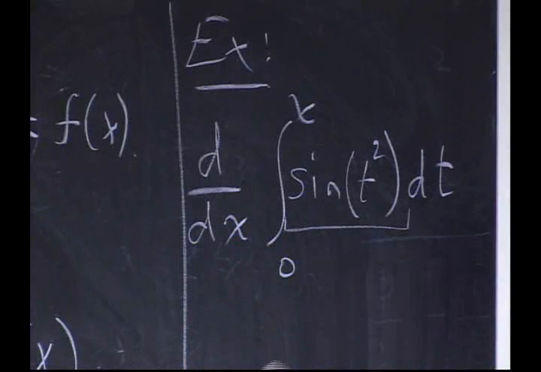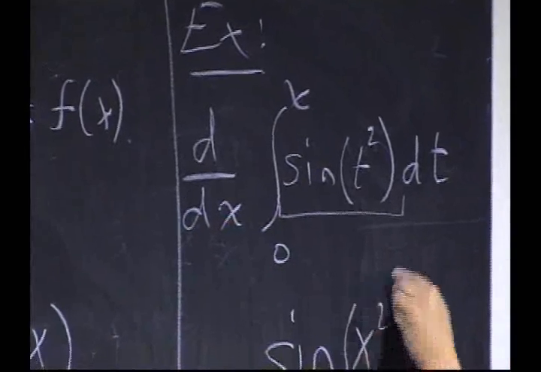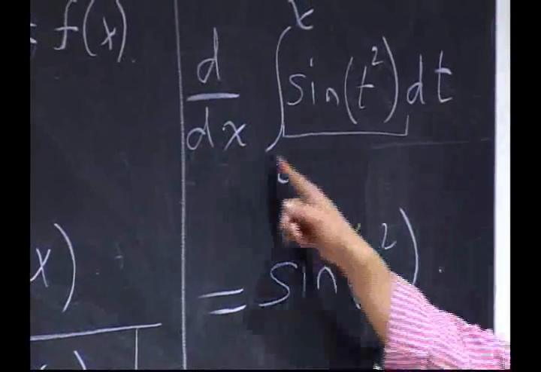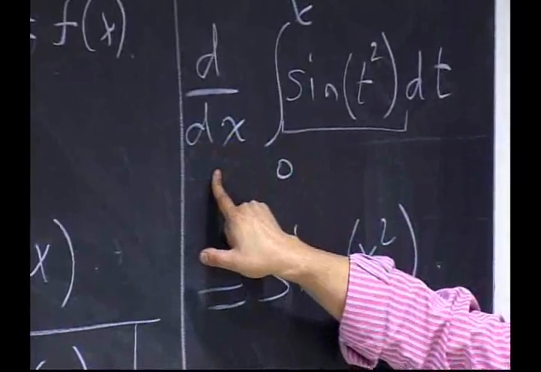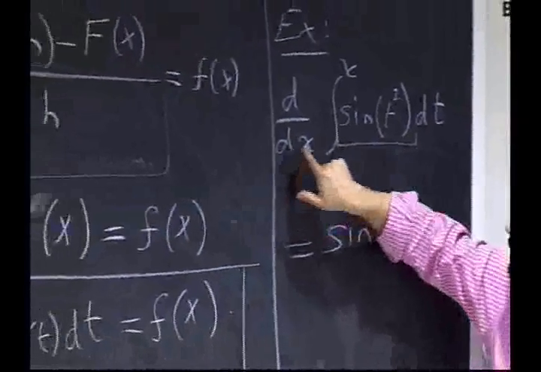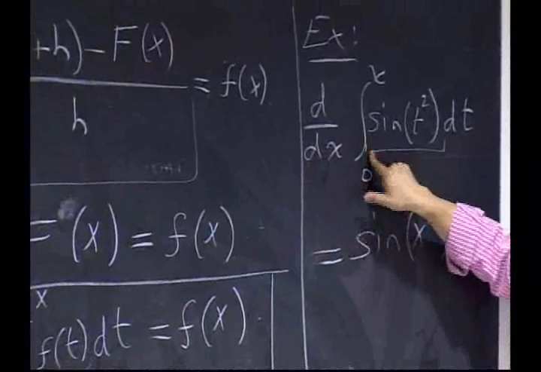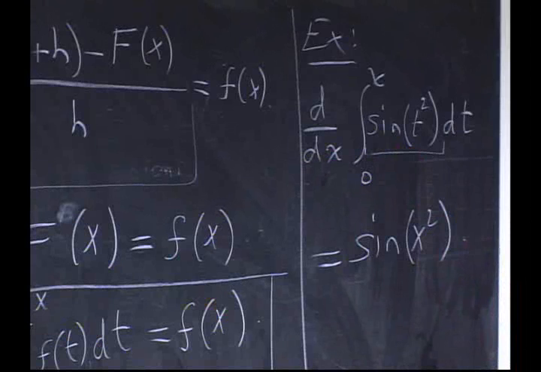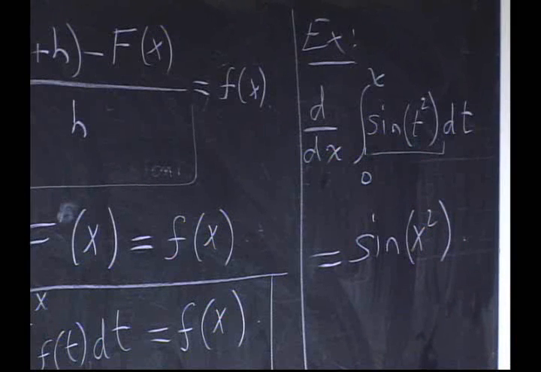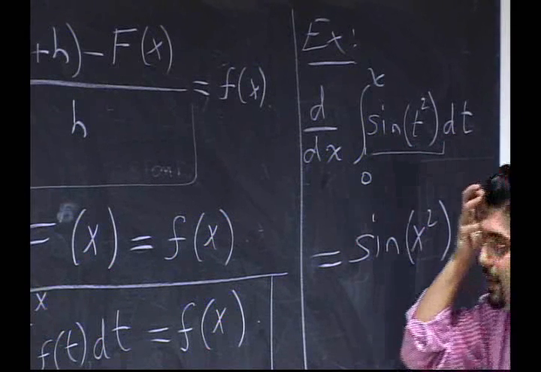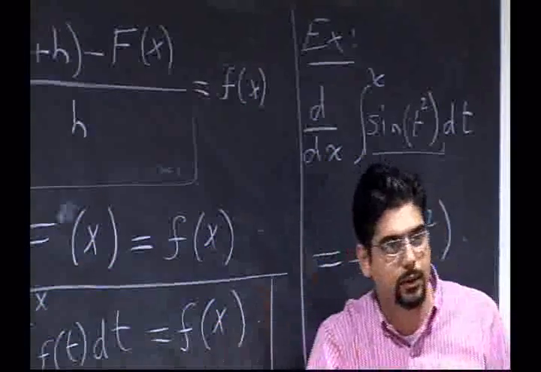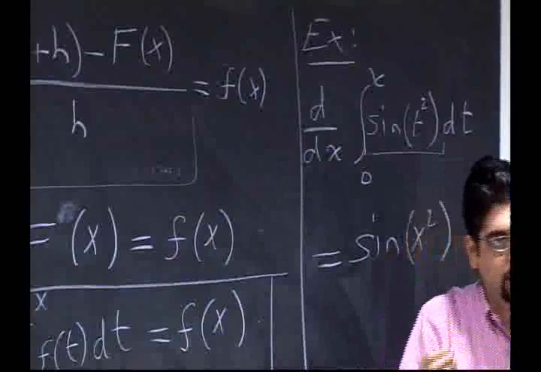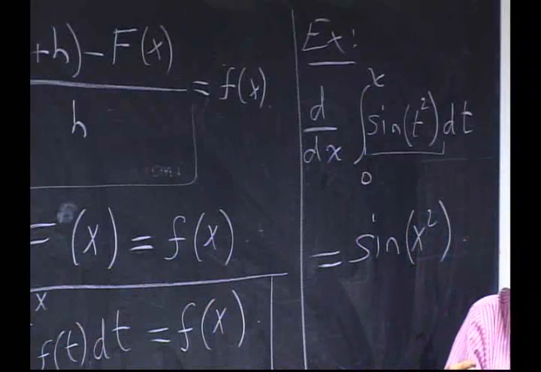So that's equal to sine of x squared. Period. I don't have to find the integral and then take the derivative. I know that the derivative cancels out this integral, which is a function itself. What's the whole point of it then, if you're just going to be left with that? Well, the point is trying to find a relationship between the derivative and the integral. The whole point is that they're opposite operations.